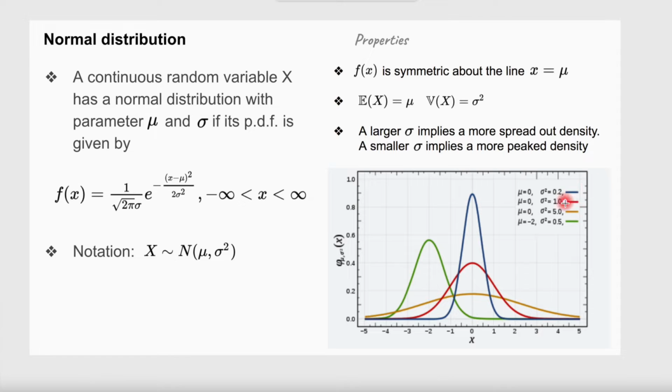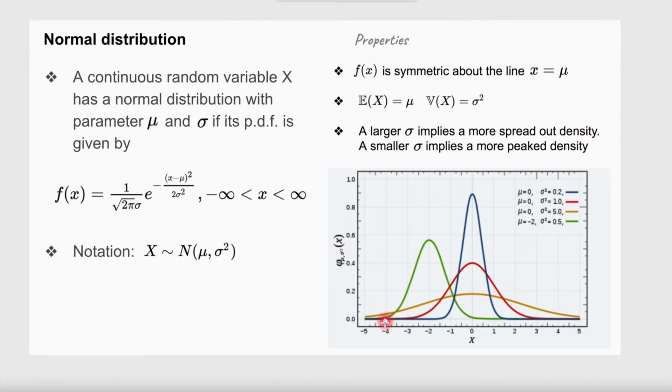The second is the red curve, mu equals 0, sigma squared equals 1. Again it's symmetric around the line x equals 0, and sigma is 1, so it's not very peaked compared with the first one. The next one, the yellow curve, mu equals 0, sigma squared equals 5.